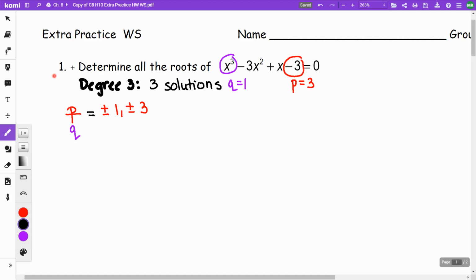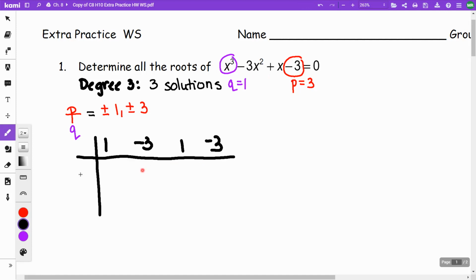I want to make sure that I have every term here: x cubed, x squared, x, constant. If not, I would put a 0. So I am going to have a 1, a -3, a 1, and a -3. I'm going to start with a 1. Let's see what happens.